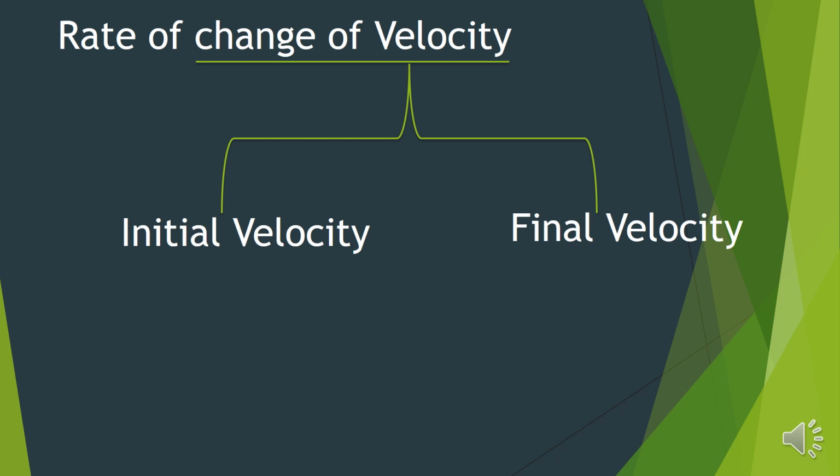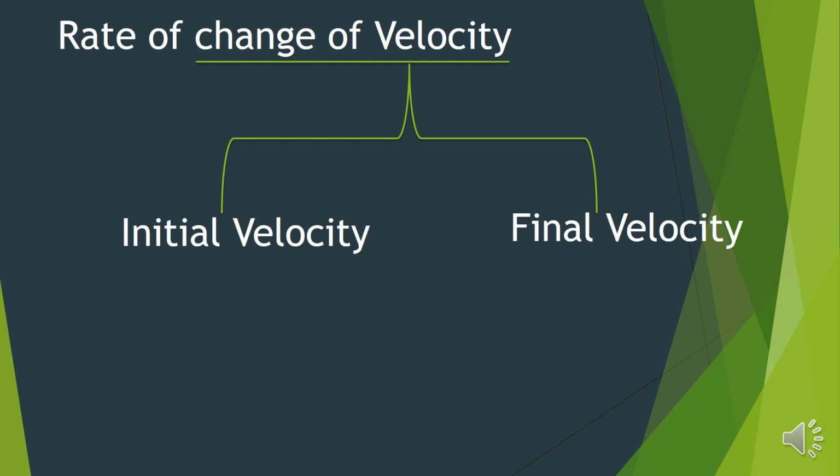What is initial velocity? The velocity with which the body starts to move, or when a body is moving from one place to another place, the velocity which it has in its initial position, that is the initial velocity, and the velocity which it acquires when it reaches the final position, that is the final velocity.